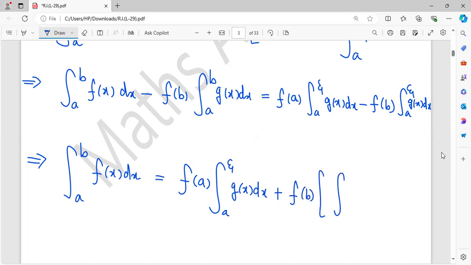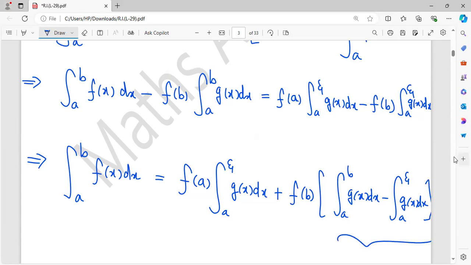So this is integral a to b g(x) dx minus a to ξ g(x) dx. Now you can break the integral a to b into a to ξ and ξ to b.